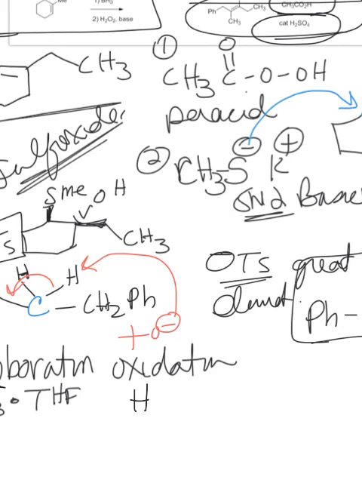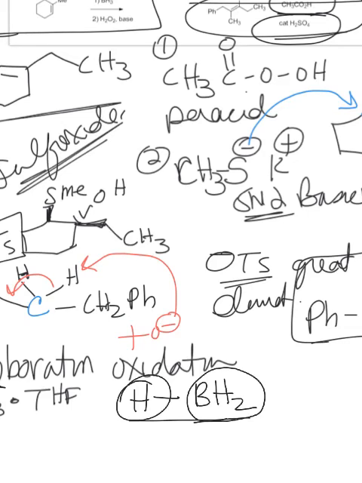And hydroboration, imagine a hydrogen and then BH2. And I like to draw it like this. It helps me remember because this portion is going to go to one of the carbons of the double bond and the hydrogen is going to go to the other one. And then oxidation helps me remember that it's got to be hydrogen peroxide because that's an oxidizing agent and base.